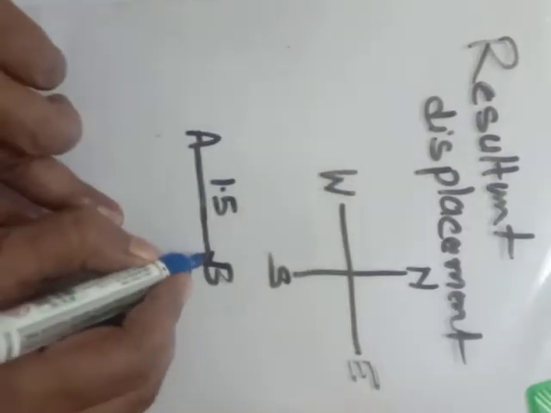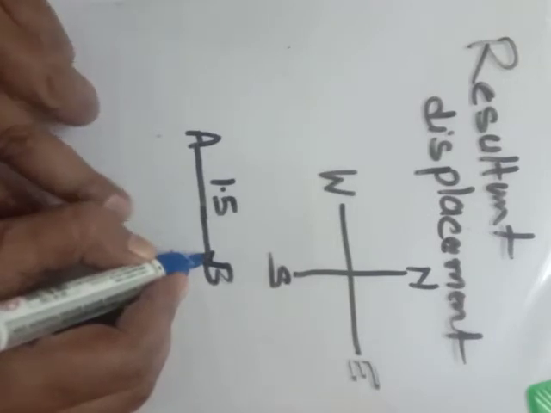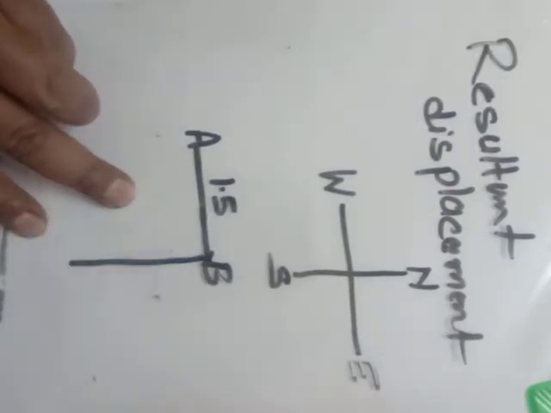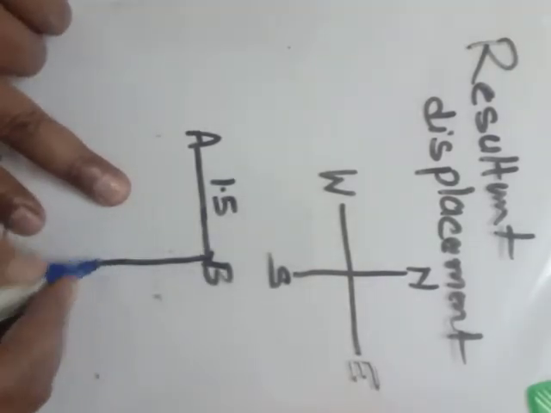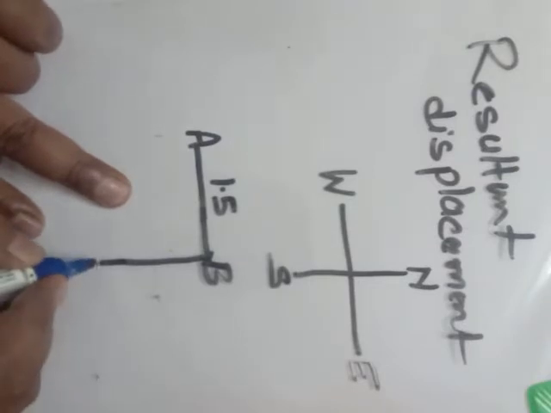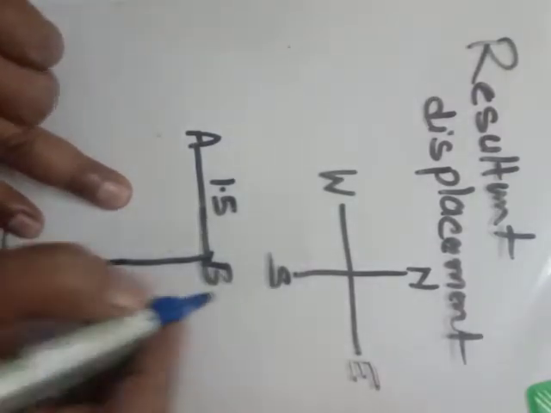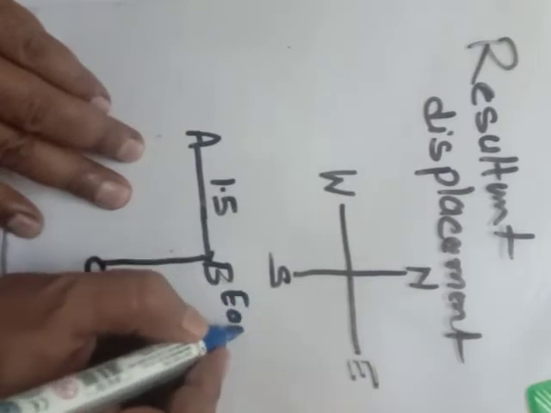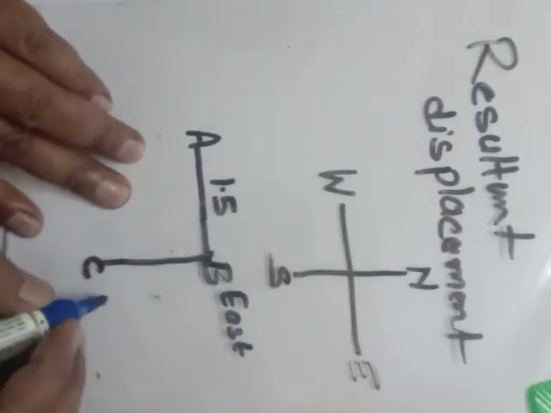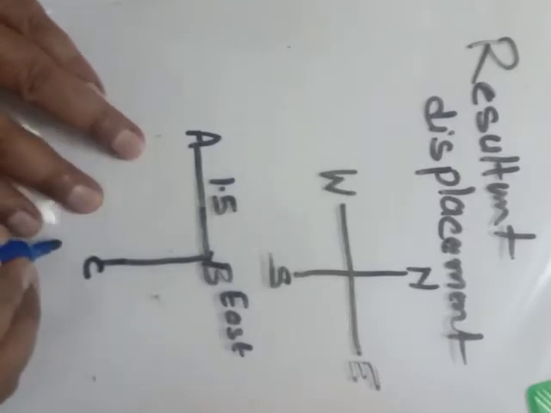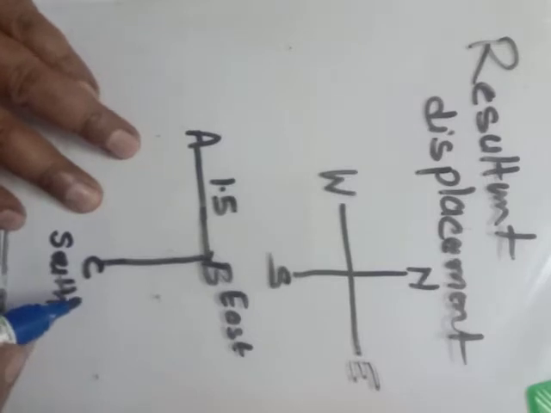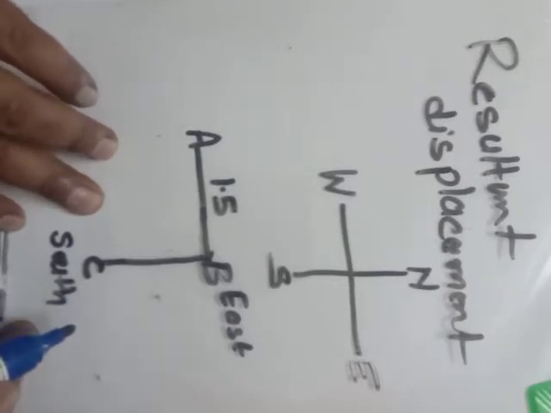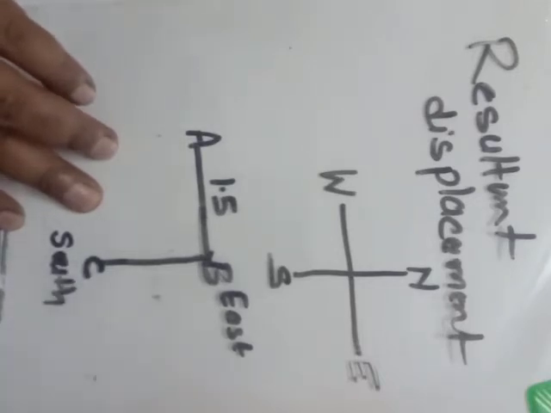South means in this direction, 2 meter. I have marked it by C. This is east, this is north, and this is south. And from there, the man travels 4.5 meter towards east again.